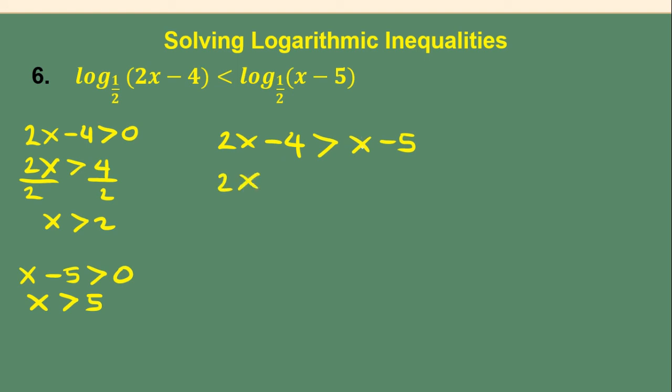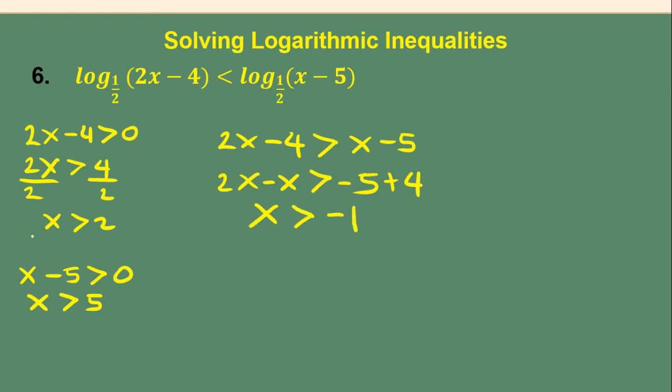So from positive x going to the left, it will become negative x is greater than negative 5. From negative 4 going to the right, it will become positive 4. And then 2x minus x is simply x is greater than negative 1.